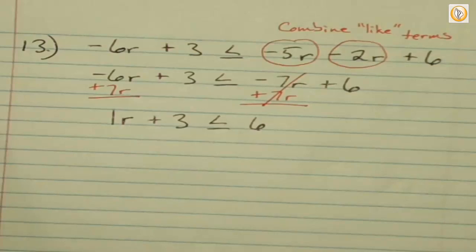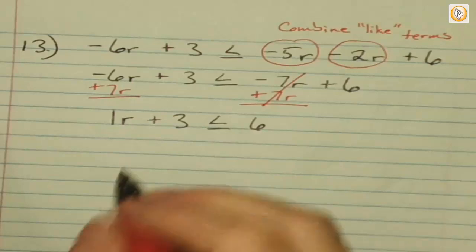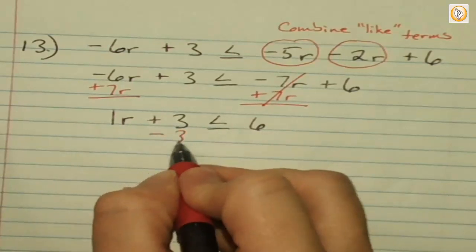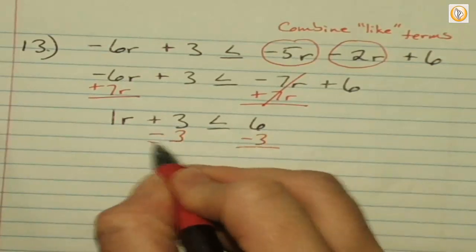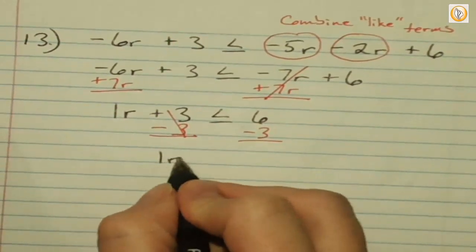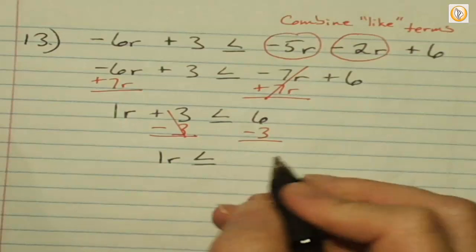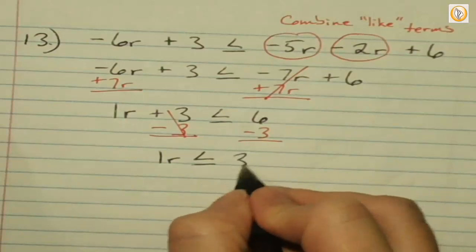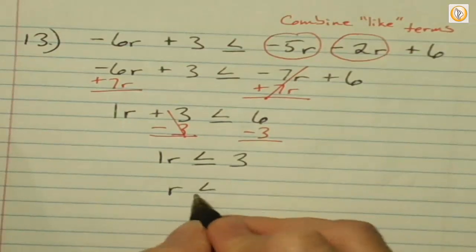Any questions yet? All right, Morgan, what do you do now? Subtract 3 on both sides. Subtract 3 on both sides. And we get 1r is less than or equal to 3. And you can just write it as r.